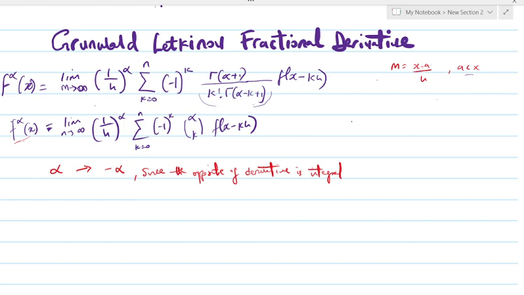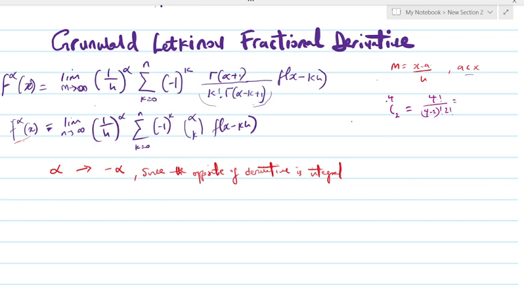Okay, but before then, I want to do a quick revision on factorial and gamma properties. We know that if we have, for example, 4 combination 2, we are going to have 4 factorial over 4 minus 2 factorial and 2 factorial.